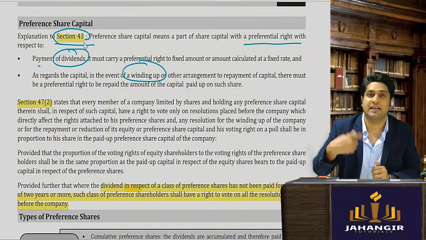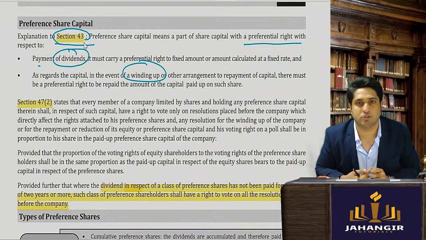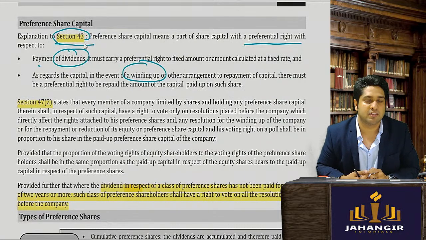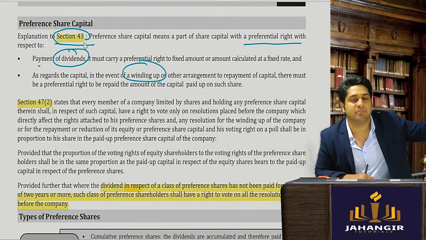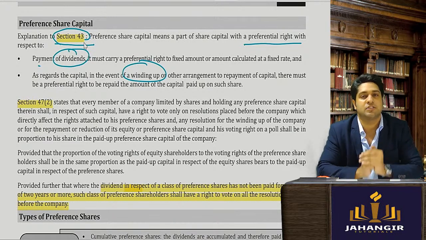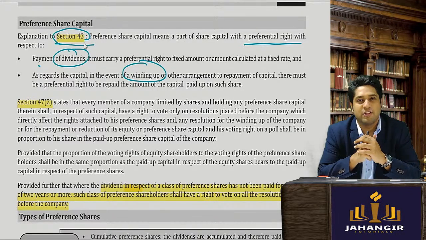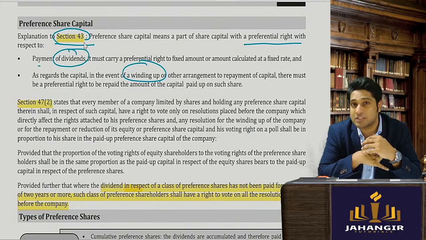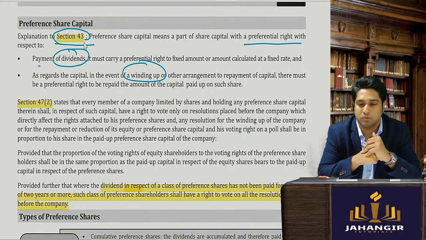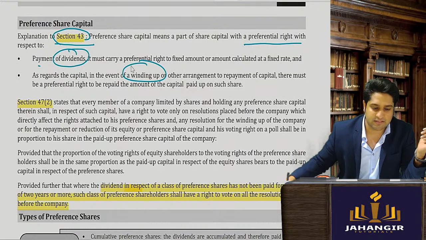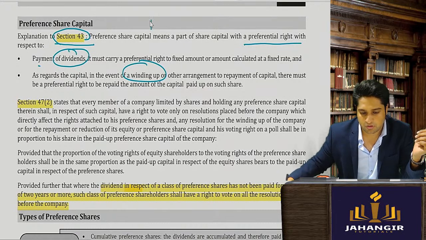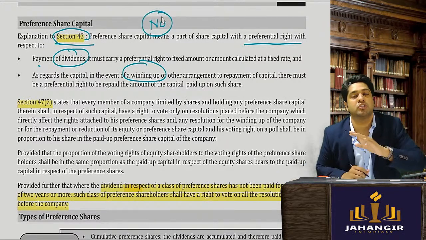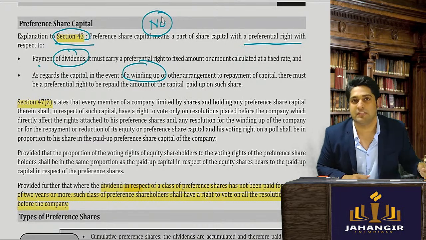Those general meetings, like the Reliance AGM, EGM? Yes or no? When I say general meetings, members' meetings, do even preference shareholders go? Perfect answer is no. So preference shareholders do not attend meetings with equity shareholders.